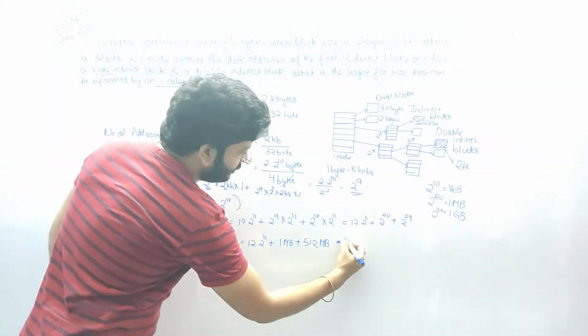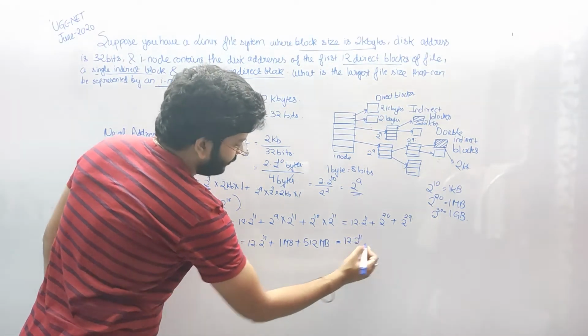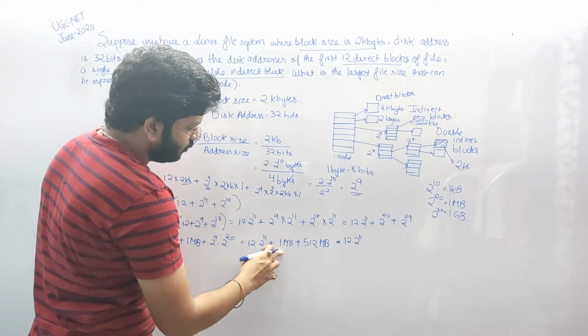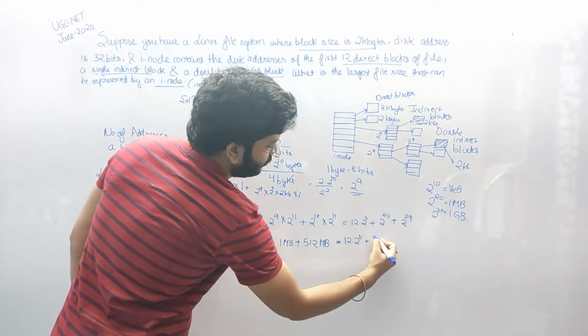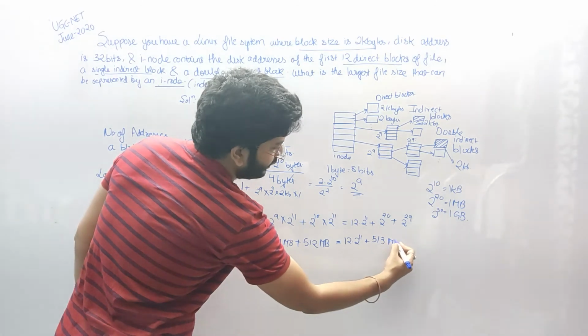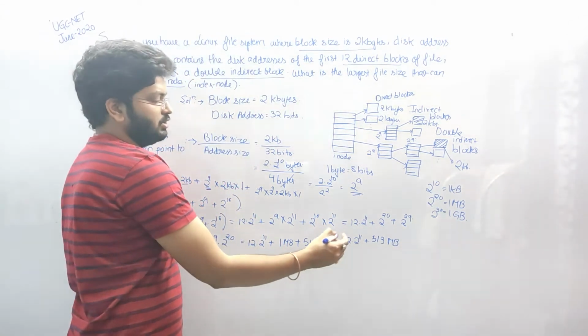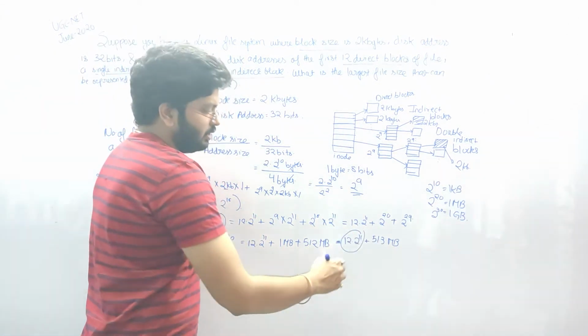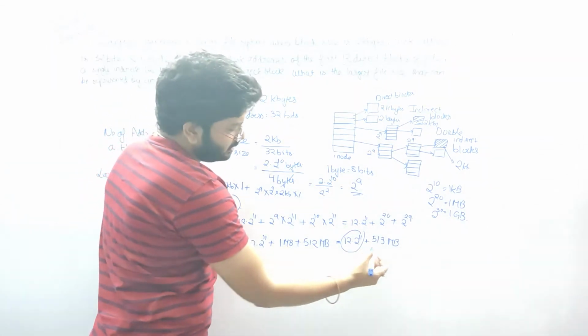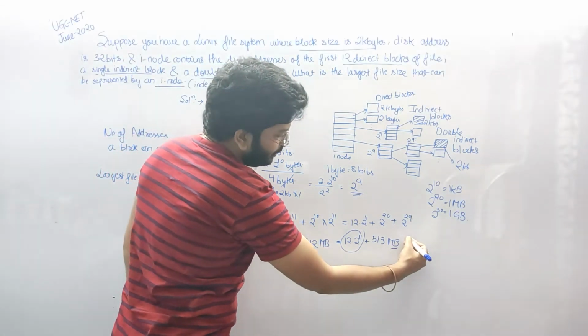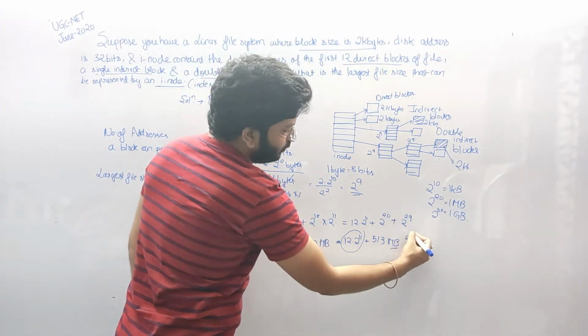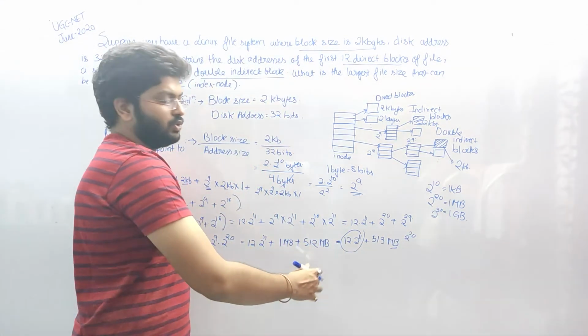So now again 12 into 2 power 11. This 512 MB and 1 MB will be equal to 513 MB. Now about this part: it is MB, meaning 2 power 20, and this is 2 power 11, so in comparison it is negligible.